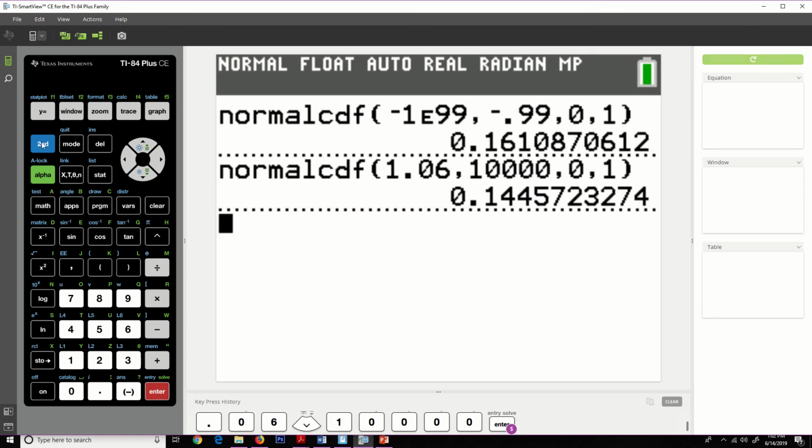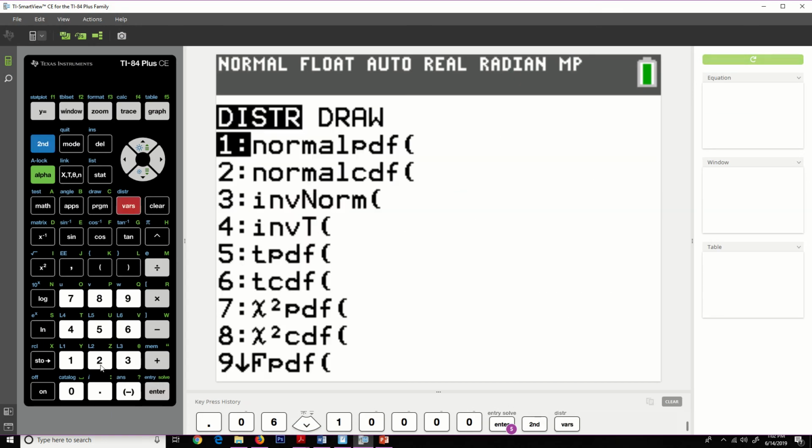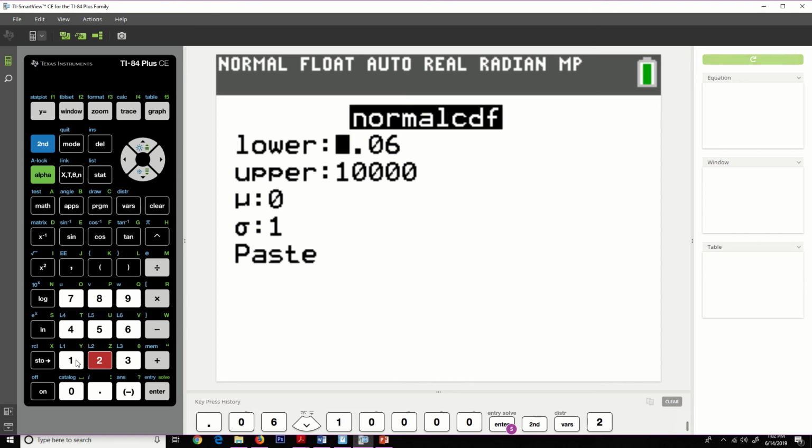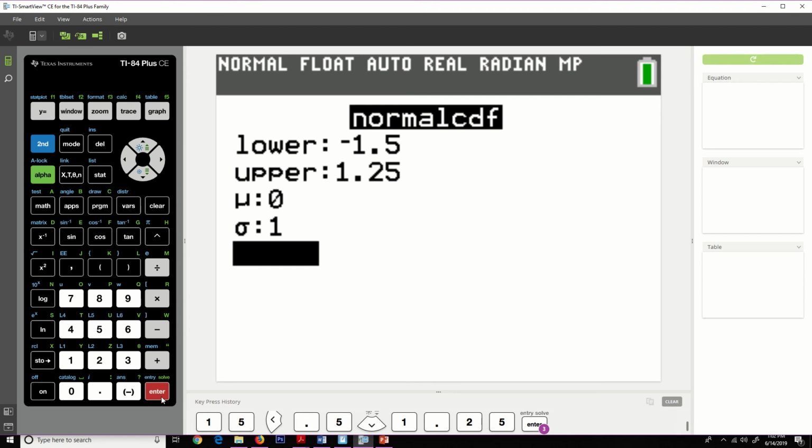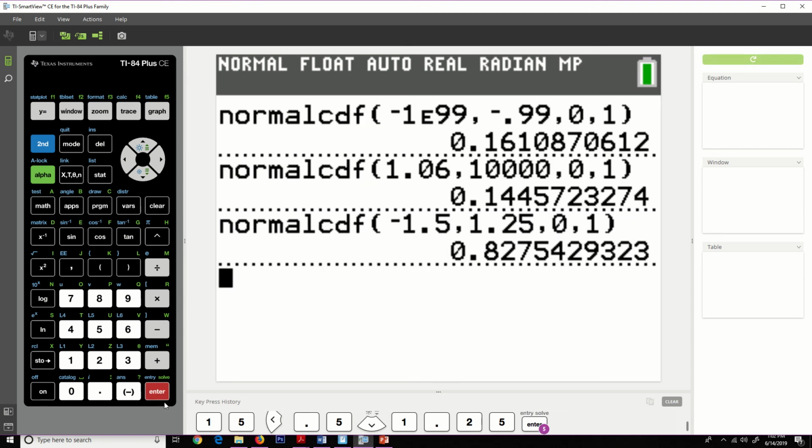And to do that, again, second, distribution, 2 for normalCDF. Well, it'll be at negative 1.5. Oops, I need a decimal place there. And then 1.25 here. The mean and the standard deviation stay the same. Paste that in there, hit enter. 0.8275.